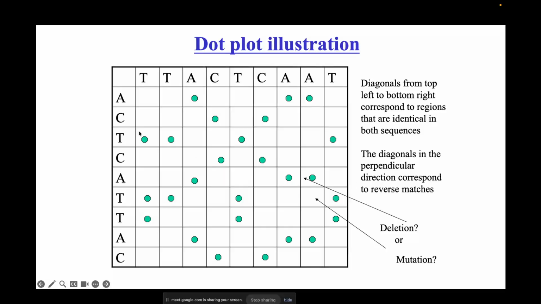For example, if you have a sequence here, CAT, and something here, TCA, you see it's a perpendicular relationship. So if you have an inversion, it'll go perpendicular. If it's a full match, it'll go on the leading diagonal.